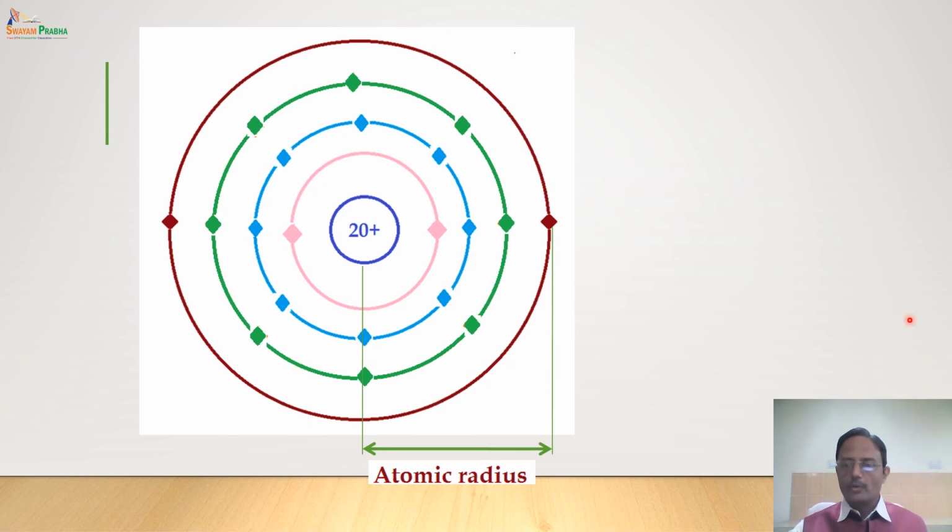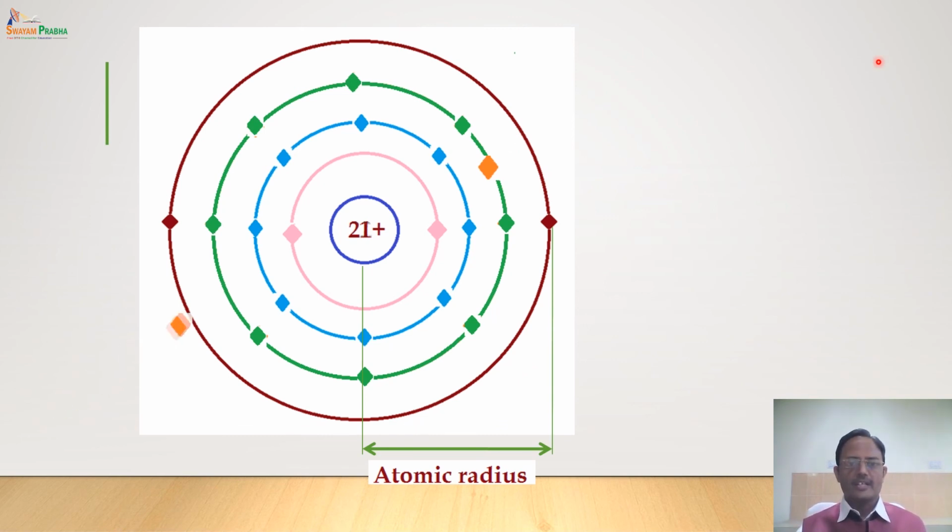Now when we go to scandium, one electron is added, but that electron is not added to the fourth shell, but it is added to the third shell, the 3d subshell. And the nuclear charge increases by 1 unit. Now the nuclear charge is increased, the force of attraction of the nucleus increases, and as a result the atomic radius is expected to decrease, and that is what is happening.